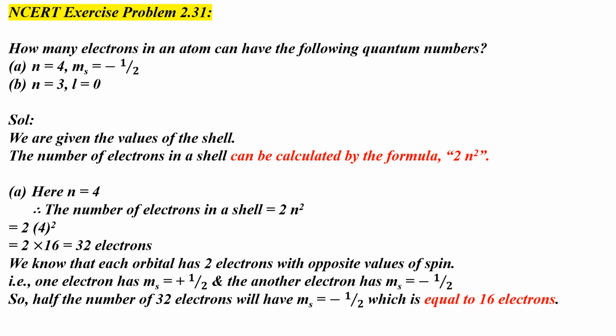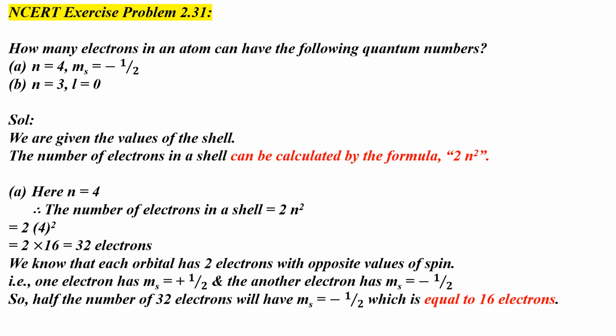Among these 2 electrons, each electron spins in the opposite direction. When one electron spins in the clockwise direction, the second electron spins in the anti-clockwise direction. So the value of ms for one electron in an orbital is plus half and the other electron in the same orbital is minus half.